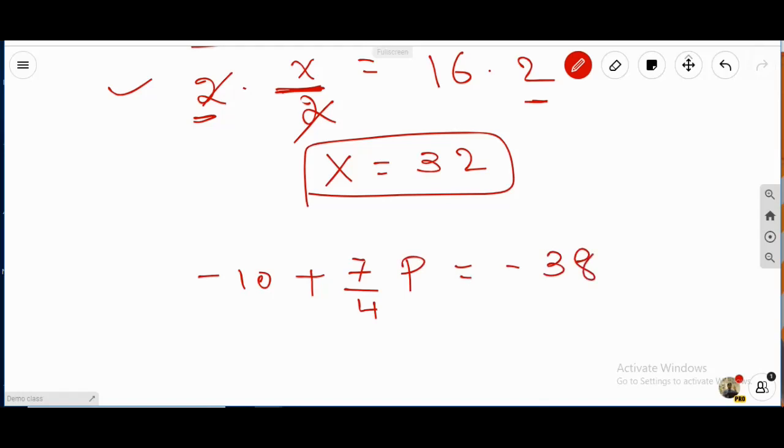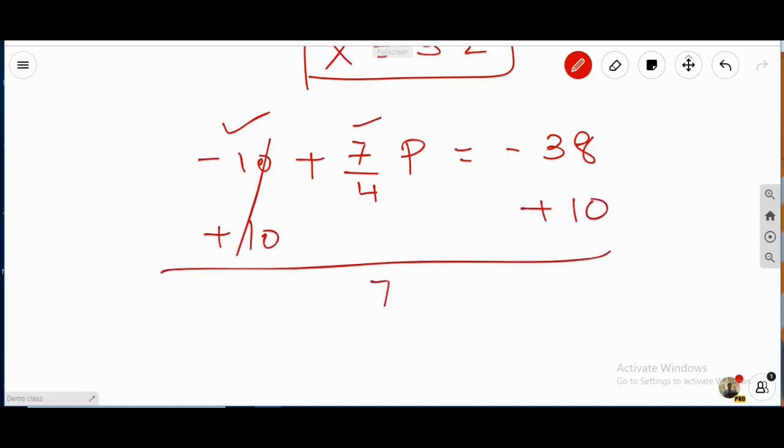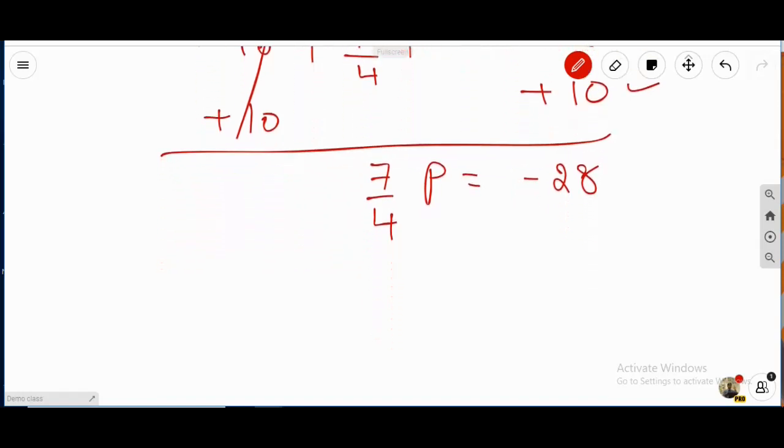Again, now this is the constant, this is the coefficient. So first let us try to get rid of the constant by adding 10 on both the sides. So we get 7 over 4p is equal to negative 28. So negative 38 plus 10 is negative 28. Now we see that there is a fraction here, 7 over 4.